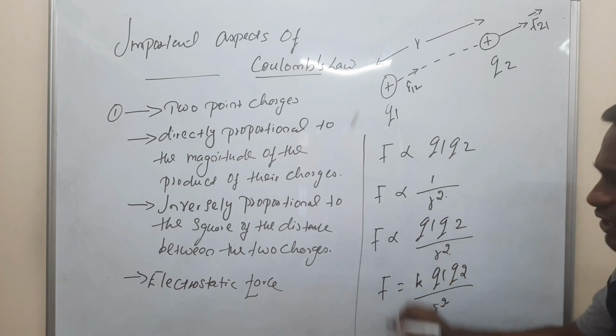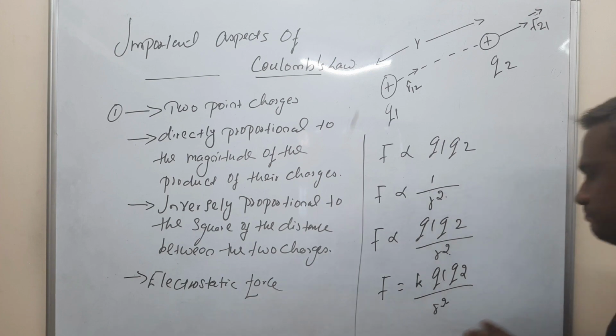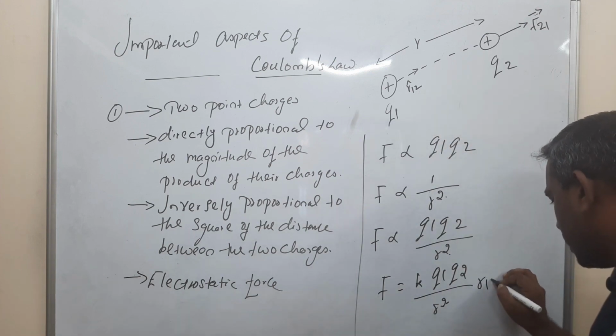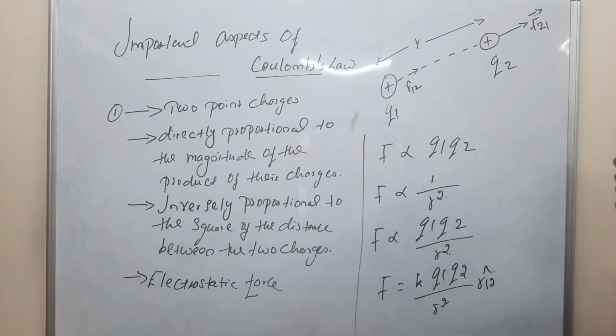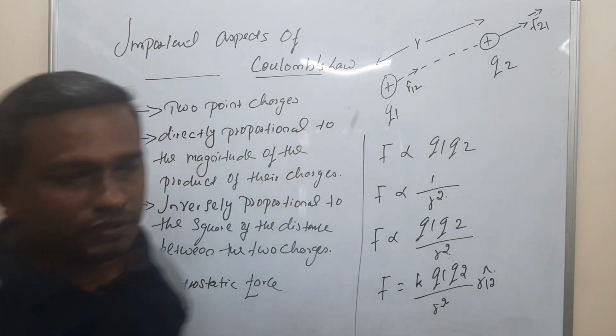So this is the magnitude form. When we write the vector form, we have to put the unit vector, that is r12 cap. So this is the first aspect of Coulomb's law.